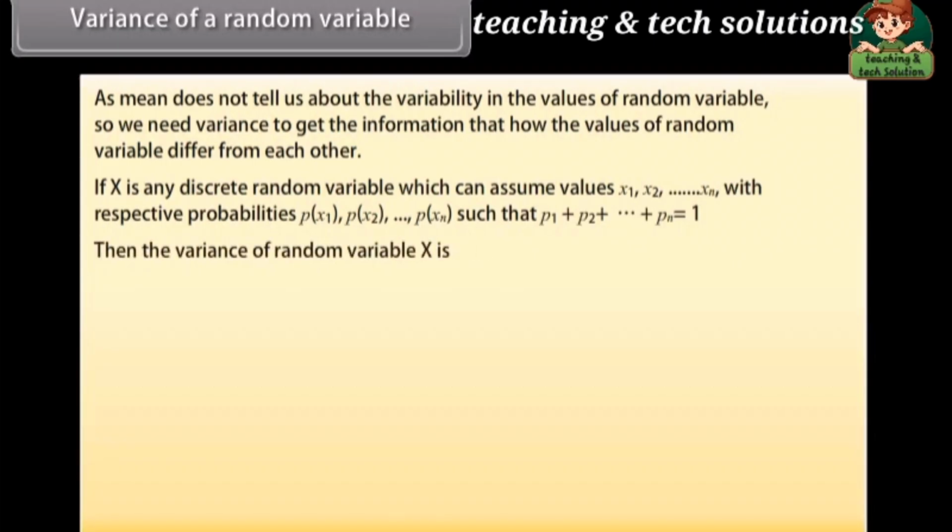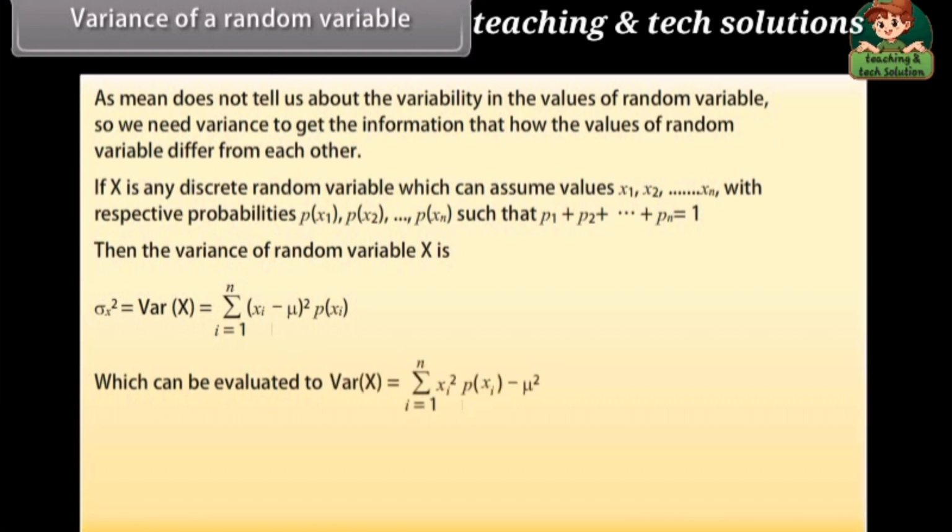Then the variance of random variable X is sigma x squared = Var(X) = summation from i = 1 to n of (xi - mu) squared times p(xi), which can be evaluated to Var(X) = summation from i = 1 to n of xi squared times p(xi) minus mean squared.